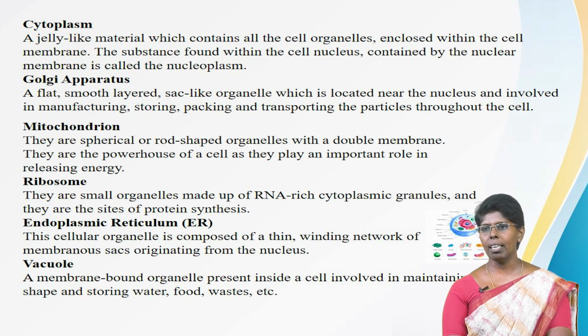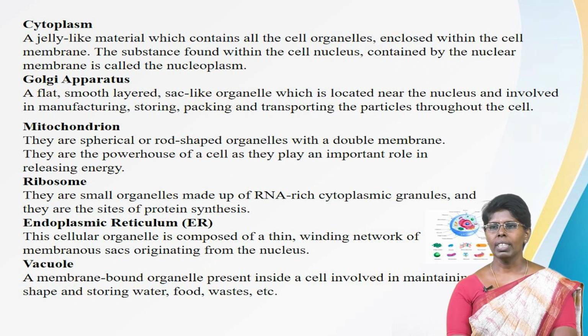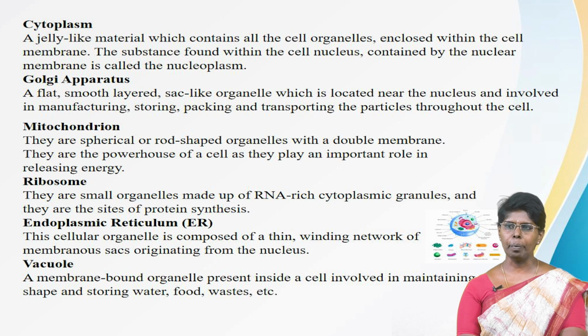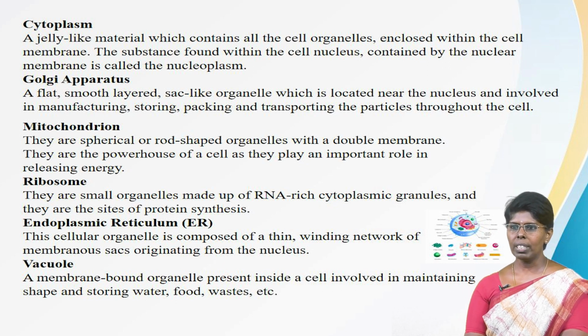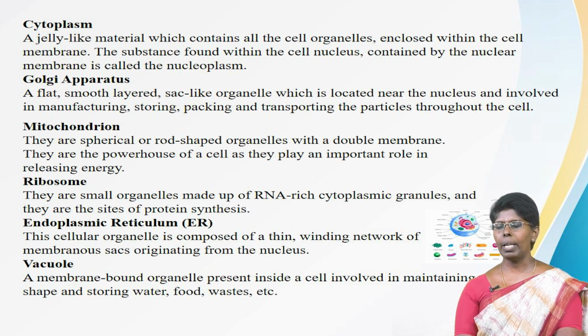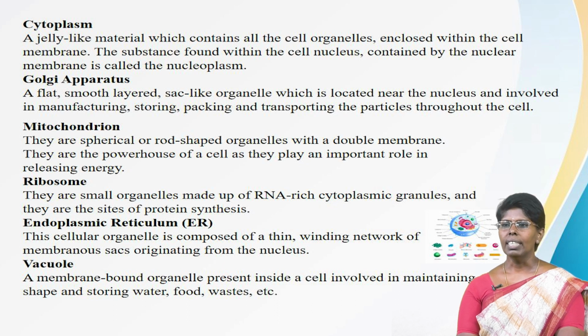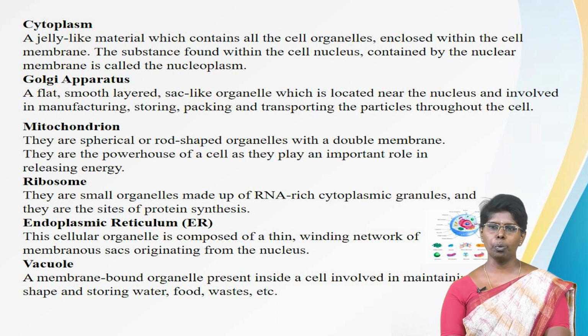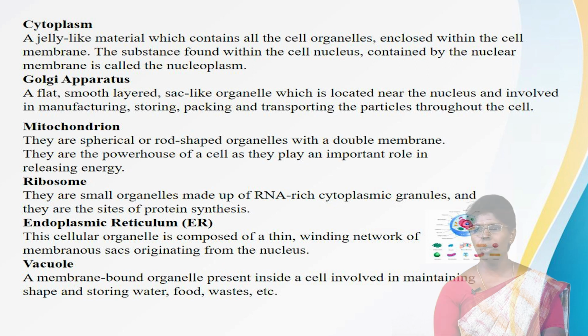They are spherical or rod-shaped organelles with a double-layered membrane. They are the powerhouse of the cells, as they play an important role in the release of energy and energy production. What are ribosomes? They are small organelles made up of RNA-rich cytoplasmic granules, and they are the site of protein synthesis.